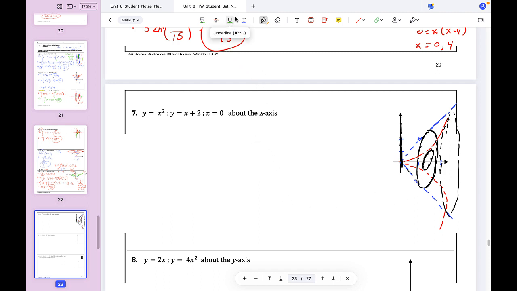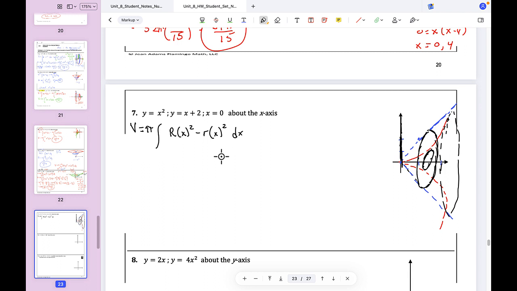So my volume is pi times the integral of big R of x squared minus little r of x squared dx.